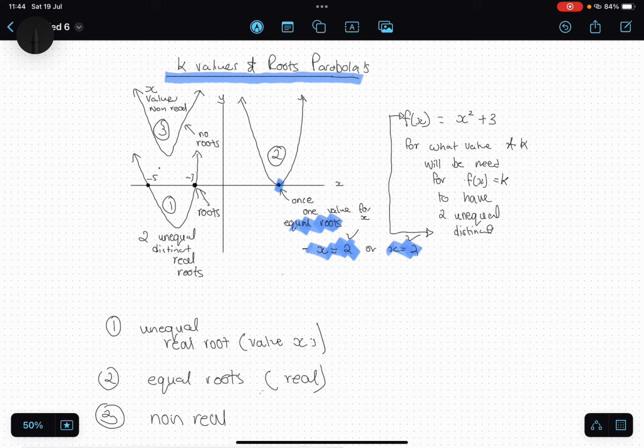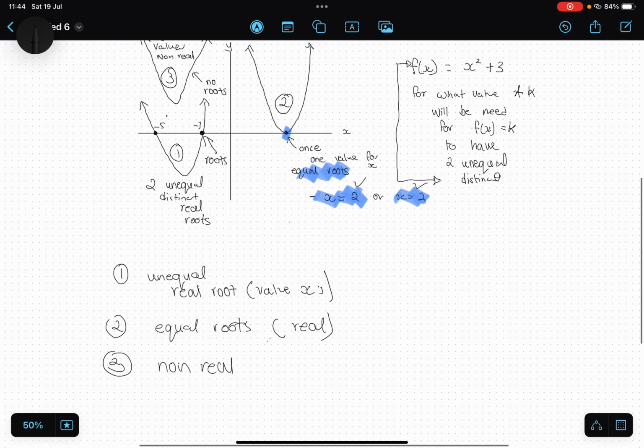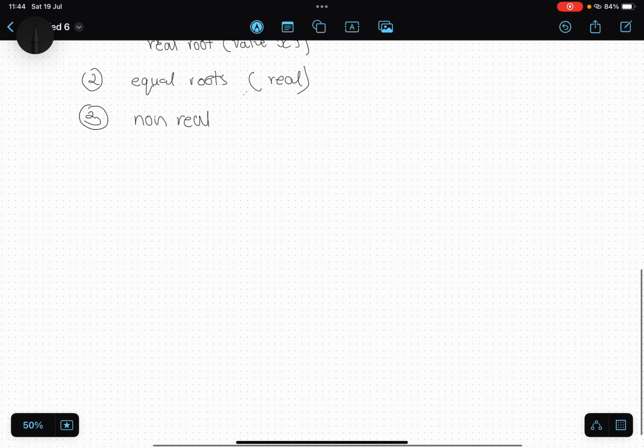Now let's do a problem of how this will actually be asked in your exam. It's very similar to the one I put here in the corner, but let's do one visually so you can see it.